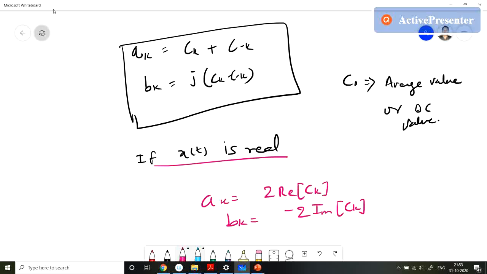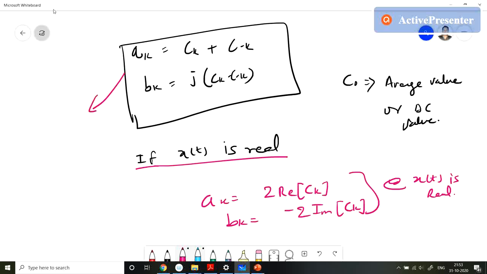So when x(t) is a real signal, ak = 2 times the real part of ck, and bk = minus 2 times the imaginary part of ck.